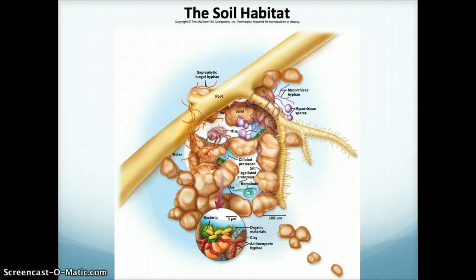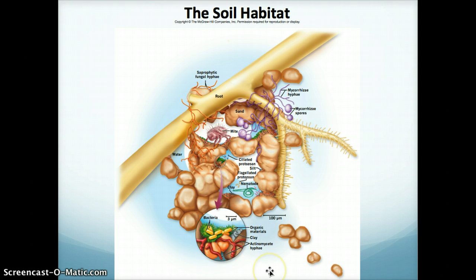This is showing the root of a plant, and at the root of this plant there is going to be sand and rocks, many different kinds of geological elements, and then we're going to have small insects like mites, and we're going to have some nematodes, perhaps some protozoa, different types of organisms. And then at a very, very microscopic level, you can see here they're talking about just this tiny circle here, and it's been blown up.